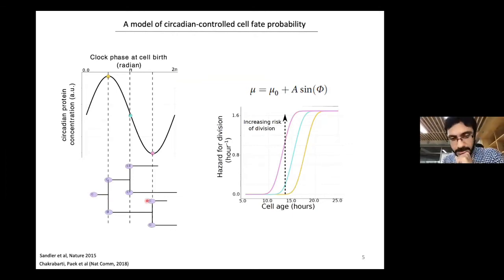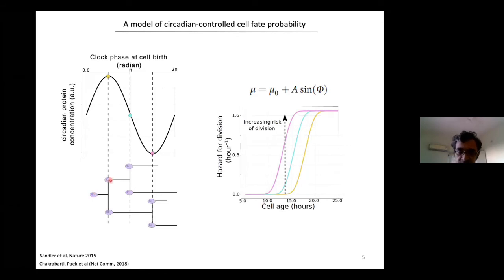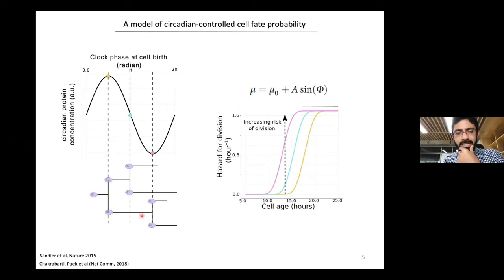So at least in this data set, we didn't see very strong mother-cousin correlations. Perhaps you could call this mother and granddaughter. If the daughters divide at exactly the same time, that's not going to change anything.